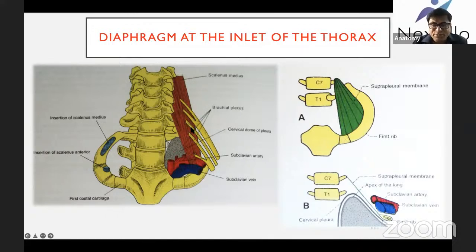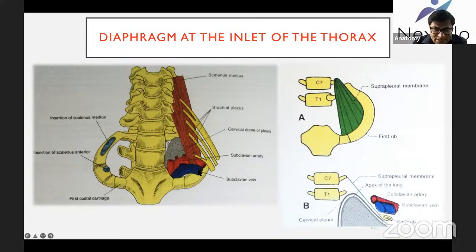Now the subclavian artery, which will continue as the axillary artery, and the trunks of the brachial plexus, which will continue as cords and then the branches, all carry this prevertebral fascia along with them, and that's called the axillary sheath. Remember, this has been commonly asked in various exams: what is the axillary sheath? It is a continuation of the prevertebral fascia and invests the brachial plexus as well as the axillary artery.